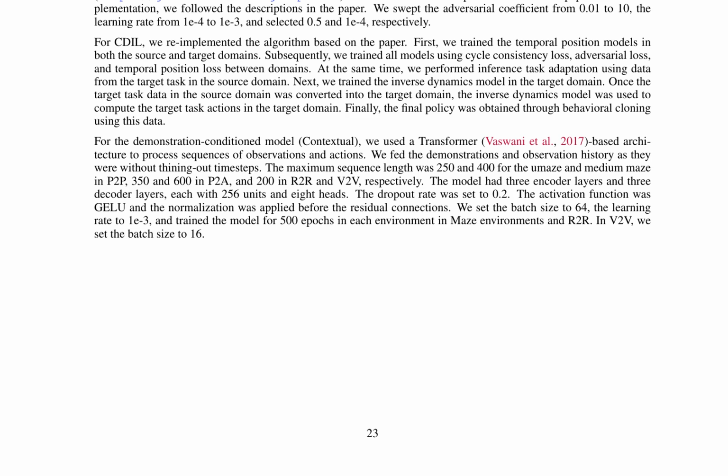The coefficients in the objective function are carefully selected to balance the different terms effectively. The entire training process requires a significant amount of time. For comparative analysis, several baselines are used, each with its own strengths and weaknesses. This comprehensive approach enables the lifelong learning agent to adapt efficiently to new tasks and environments, demonstrating its potential in real-world applications.